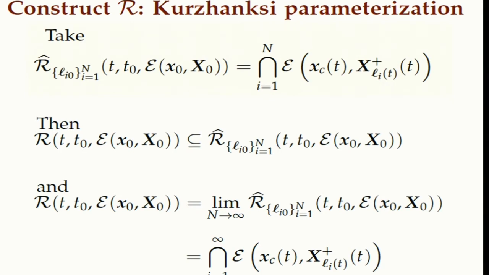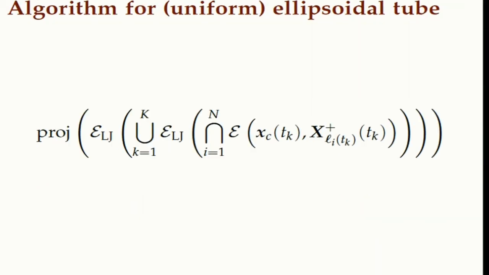In fact, the guarantee is even stronger: if you take infinite intersections, you will actually get the reachable set. Now this immediately suggests an algorithm.